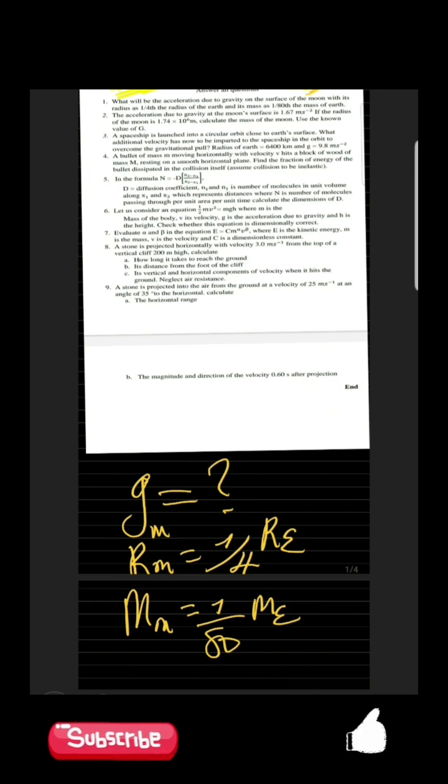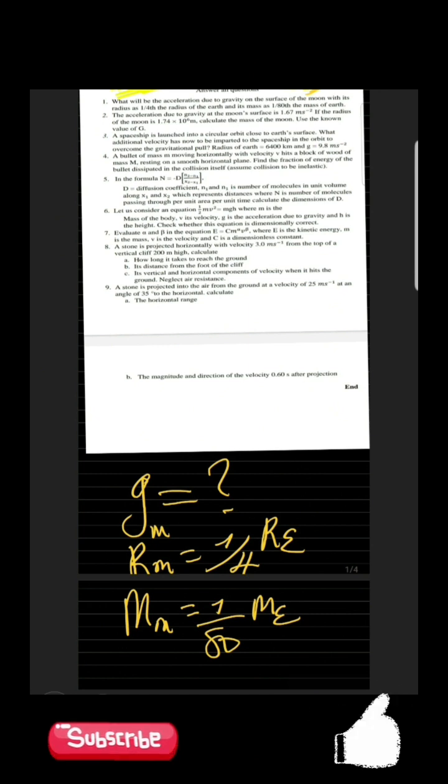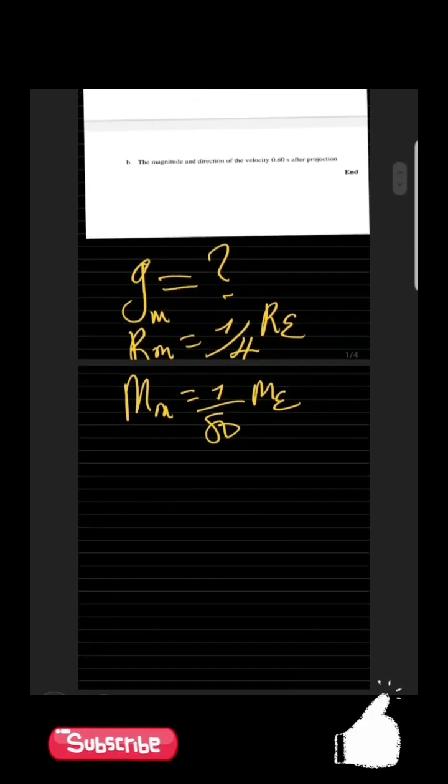So well, if you can remember, Newton's law of gravitation says that every particle attracts every other particle with a force which is directly proportional to the product of their masses and inversely proportional to the square of their distance of separation from center of masses.